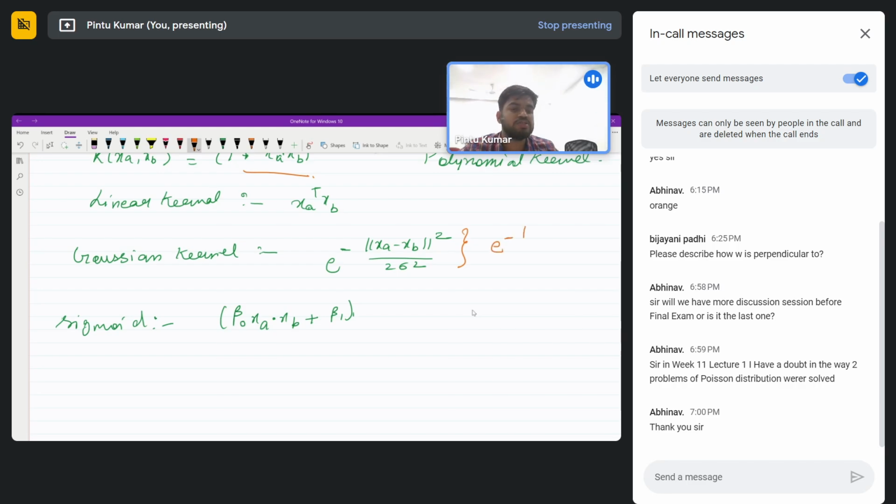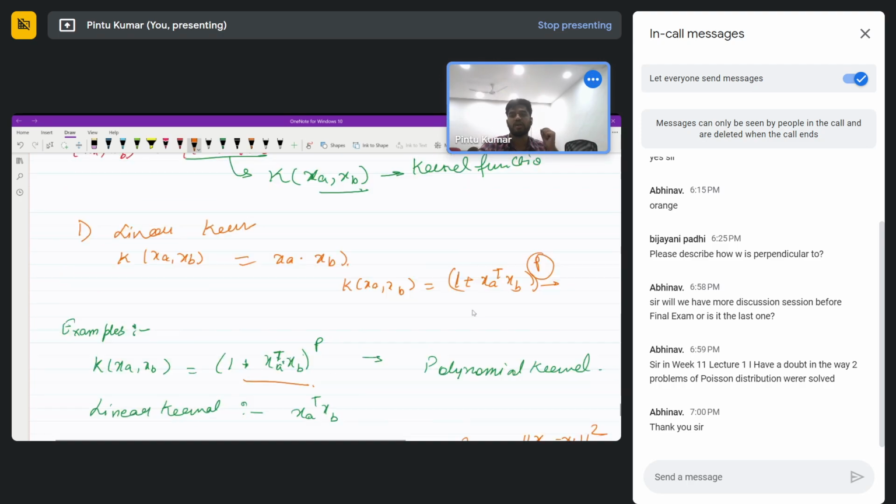So this is e to the power minus norm of xa minus xb squared, upon 2 sigma square. You'll replace your dot product with these things. We also have something known as sigmoid, in which we have tanh of beta naught times xa dot xb plus some beta 1, and you take tanh outside this. So these are some common kernel functions that one can use.